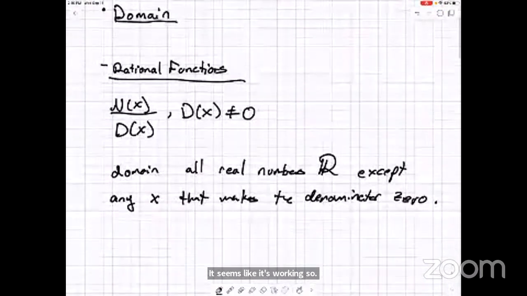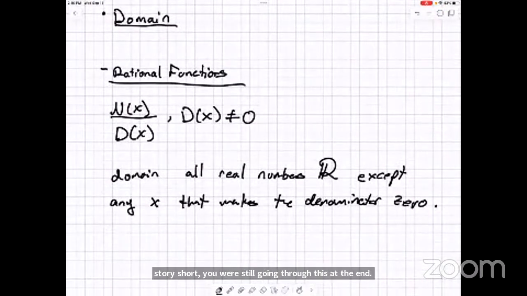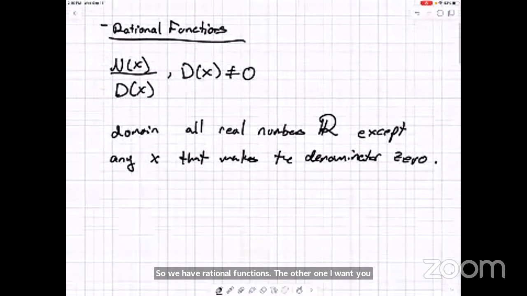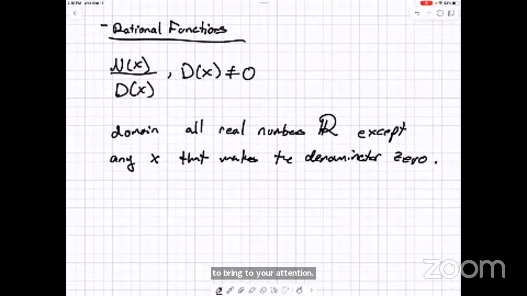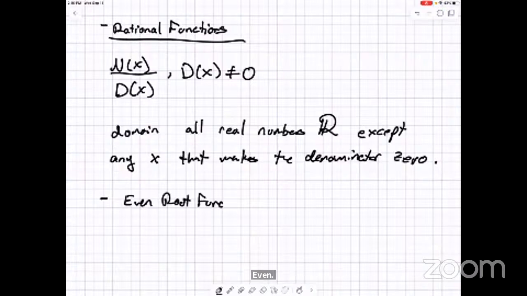So we have rational functions. The other one I want to bring to your attention is even root functions, like the square root function.